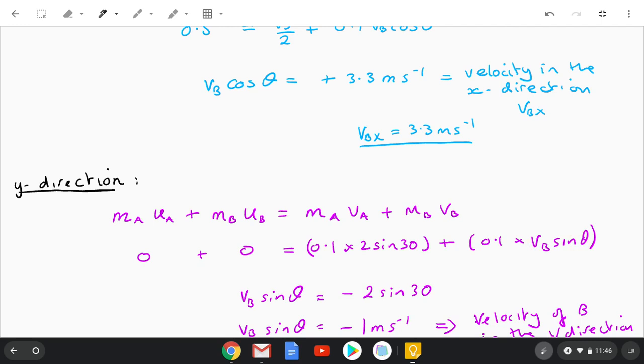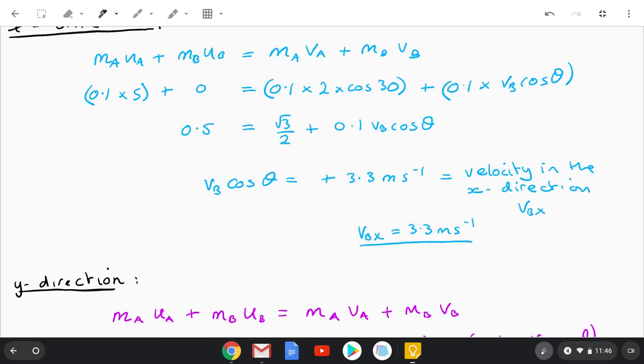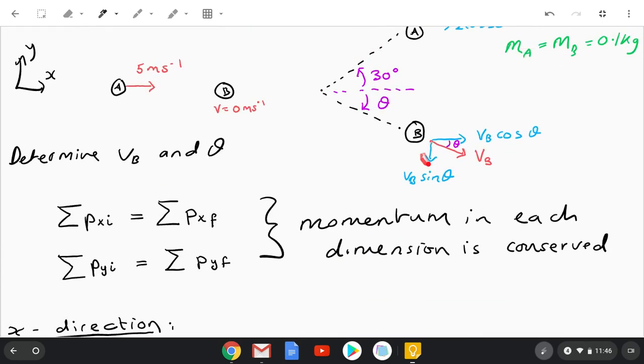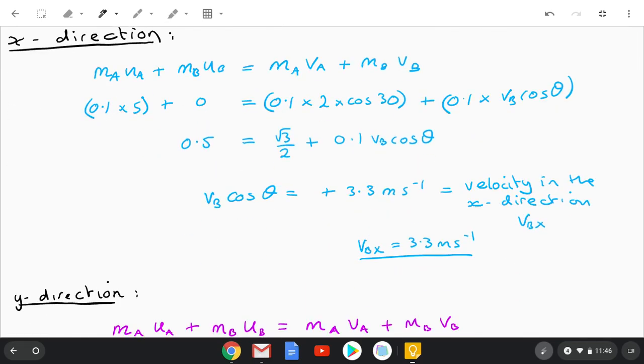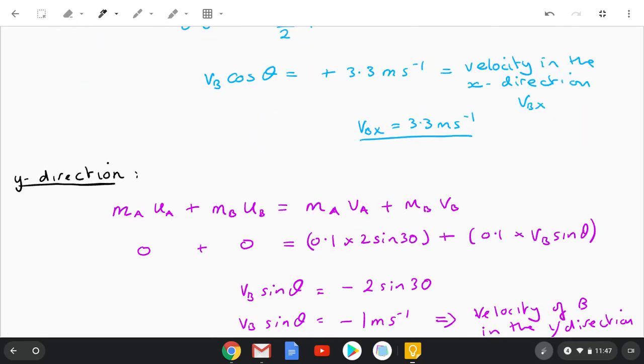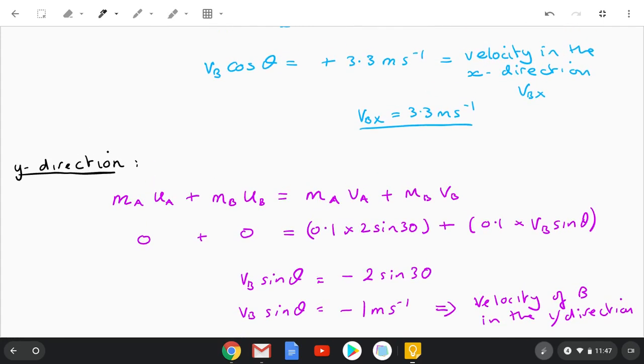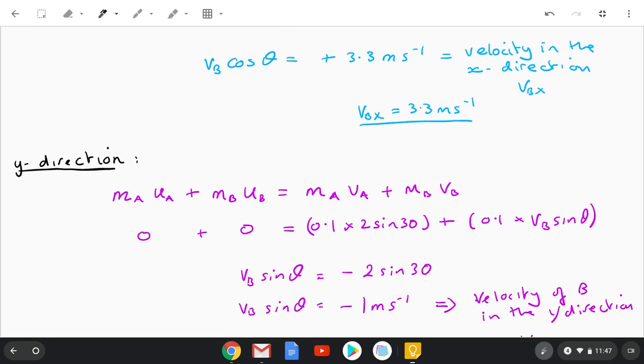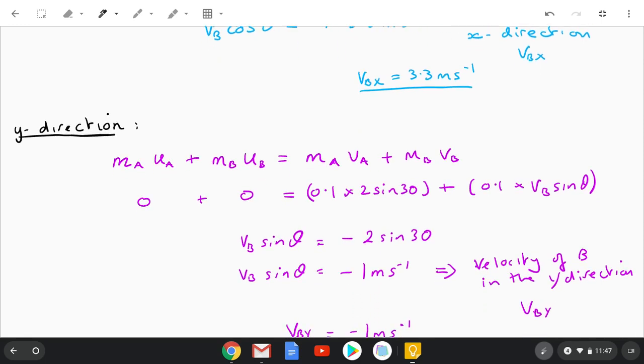Now, you may think, oh okay, I must include a negative sign because it's pointing downwards. The answer will end up being negative, so that will take care of itself. And if we rearrange this, we end up with VB sine theta, the vertical component of velocity downwards, equaling minus 1 meters per second.